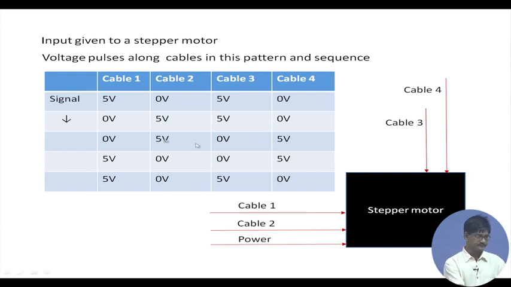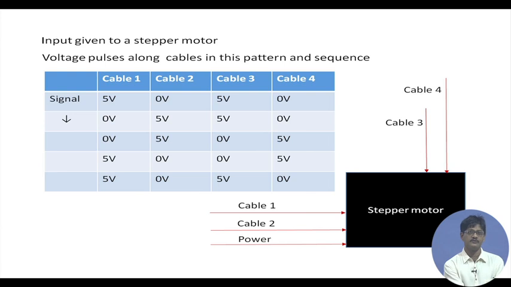If we read this pattern in binary variables, designating 5 volts as 1 and 0 volts as 0, we would be reading it as 1 0 1 0, 0 1 1 0, 0 1 0 1, 1 0 0 1, and then again the first signal will be repeated, and this will go on repeating.